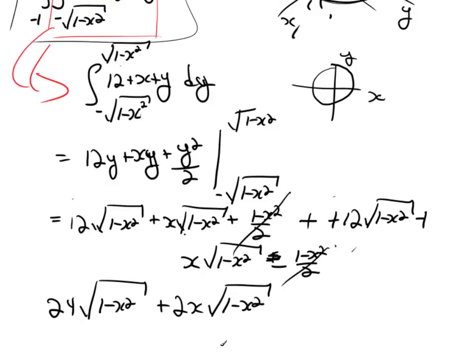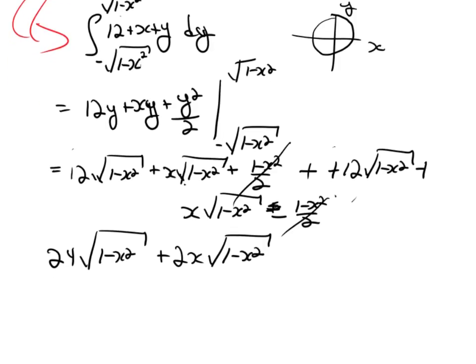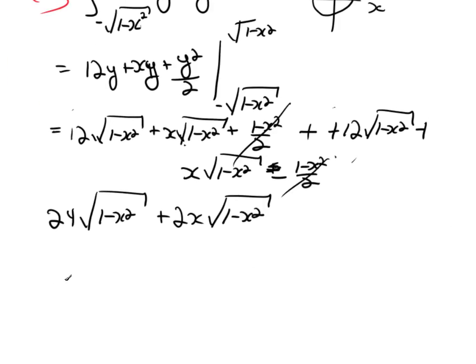And these just cancel out. So I've got this nice little integral that I can work with now. So what do I have? I'm going to have the integral from -1 to 1 of 24 times the square root of 1 minus x squared.